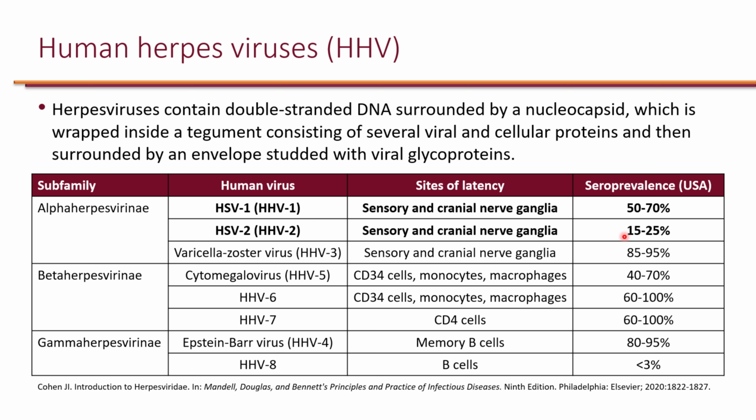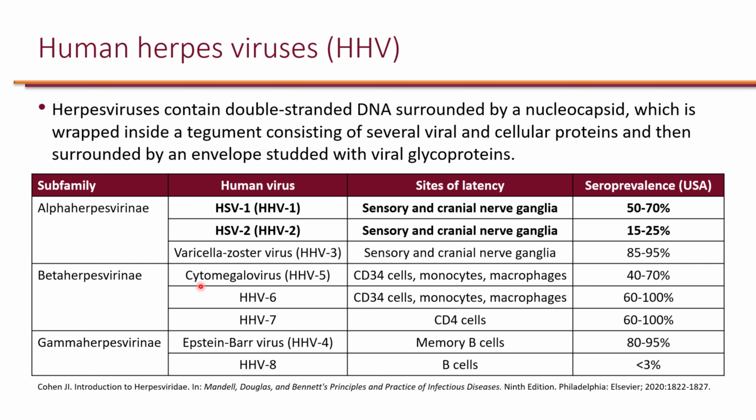Whereas far fewer people, about up to a quarter of US adults, have HSV2. Now, HSV2 is more likely to cause genital herpes, but regardless, both of these can cause infection in the face, orofacial area, or in the genital area. And once they are there, they will have latency.